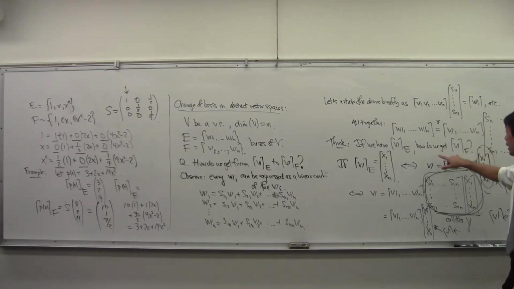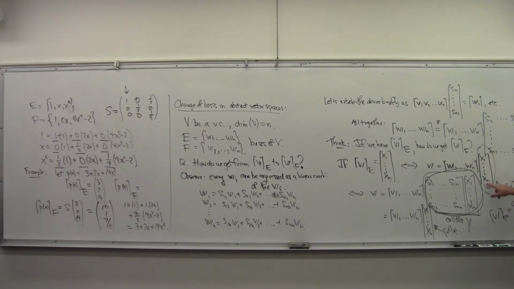And then you say, okay, how does this help us get the F coordinates? Well, suppose we have the E coordinates already. That means that V is this linear combination of the W's. What's the coordinate vector with respect to E?